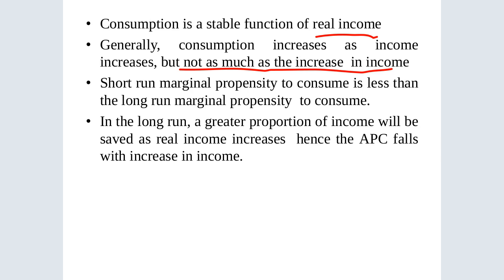In the long run, the proportion of income which is saved increases as real income increases, and therefore the APC, that is the average propensity to consume, will increase with income. That is what that point means.